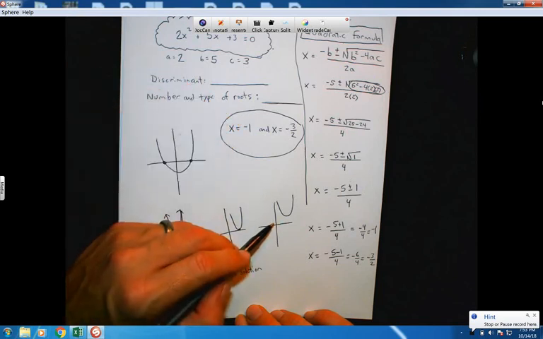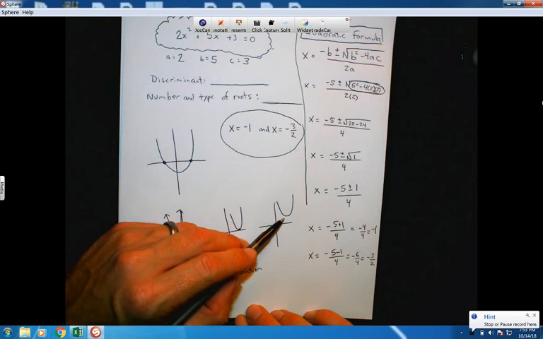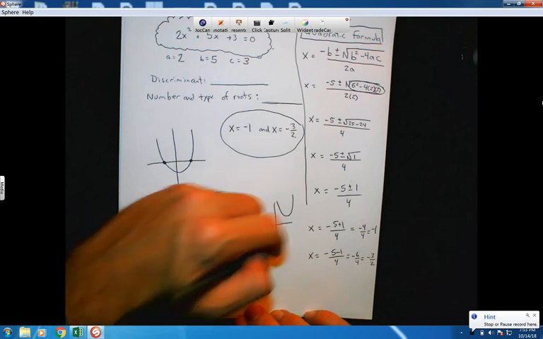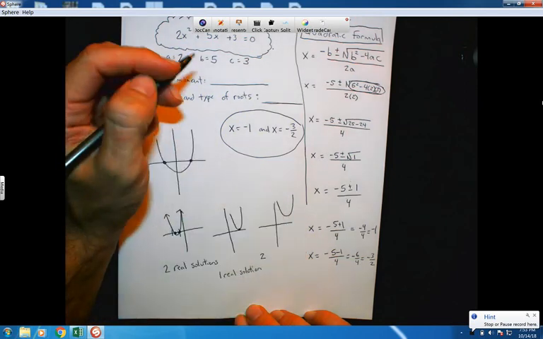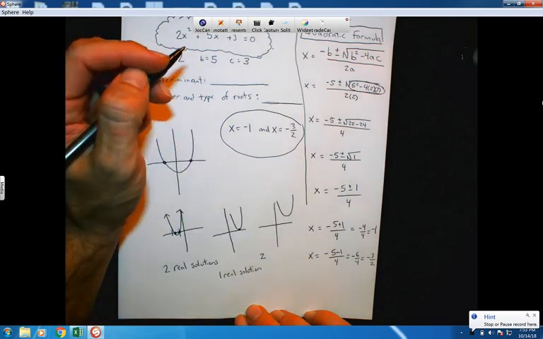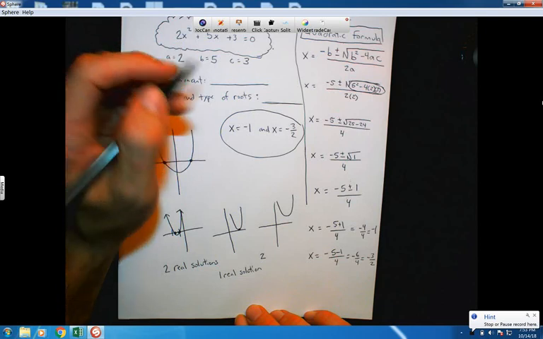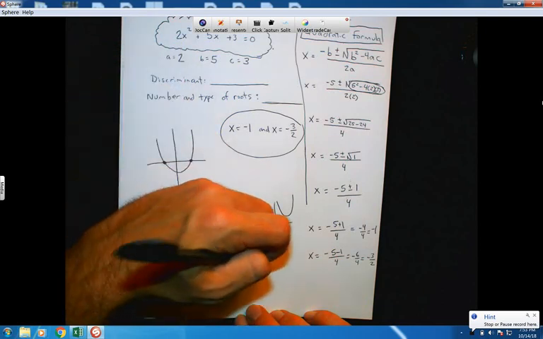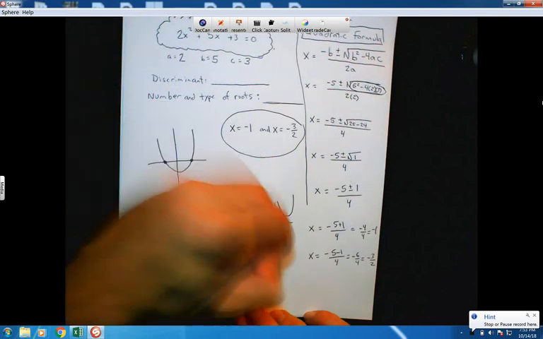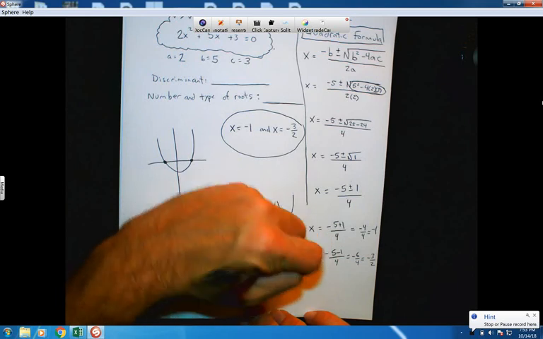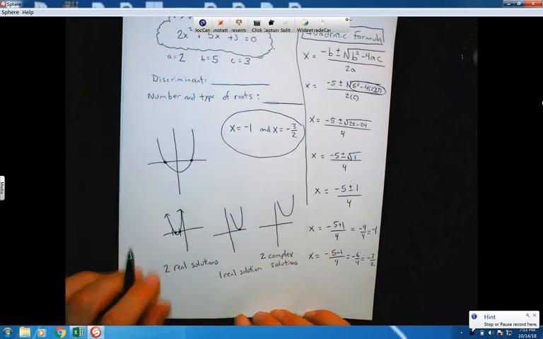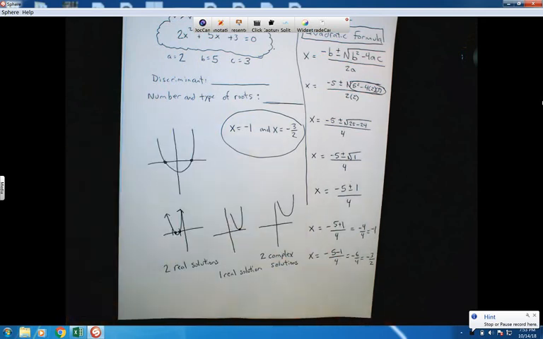But when that happens, it's one of those weird things that we're going to talk about later in this course. It does have two solutions. They're just complex, which means we call them imaginary numbers. We'll talk about imaginary numbers in a little bit. But what you need to know right now is that if it doesn't have any real solutions, it has two complex solutions.